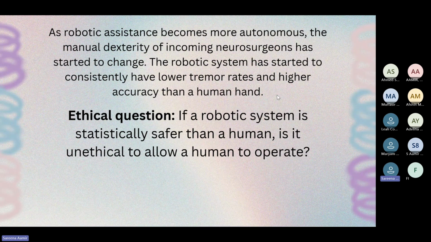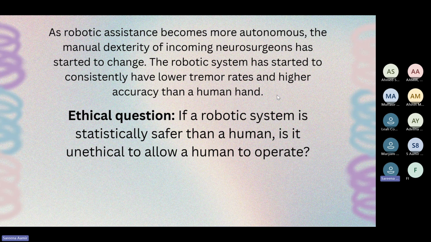However, humans are still needed for the judgment side when there are complications, as statistics aren't always 100% accurate or applicable to every patient. Overall, I would say that it's more ethical to allow a robotic system to operate if it has better dexterity compared to human surgeons. Okay, all fair points.